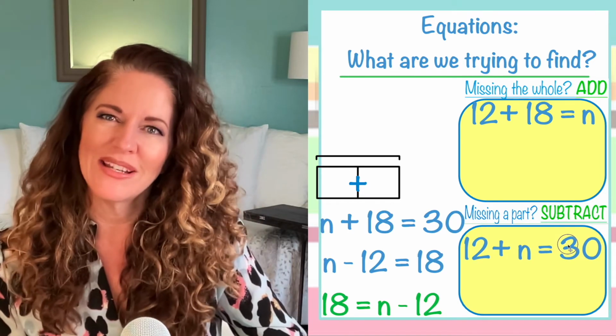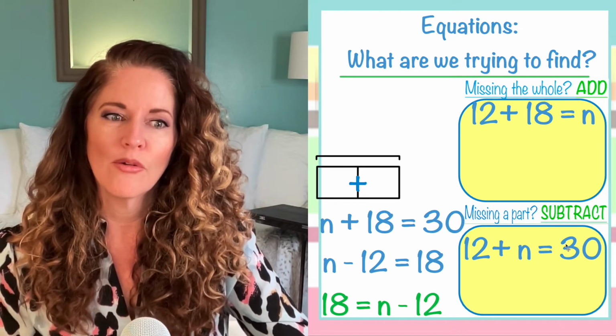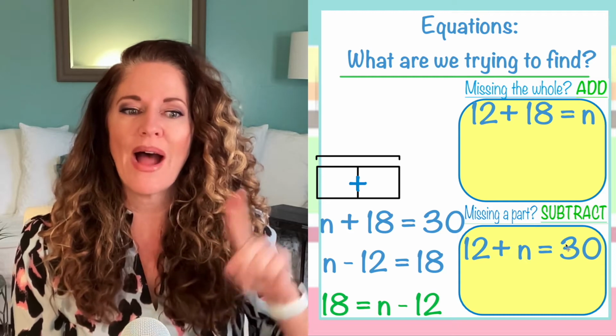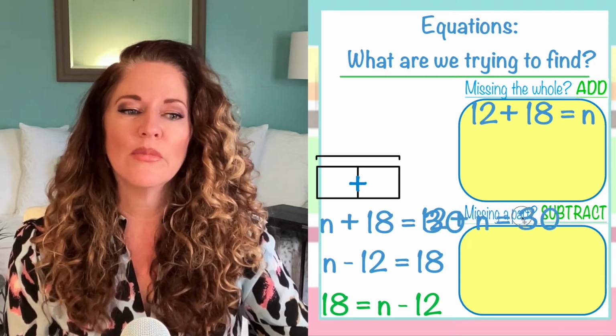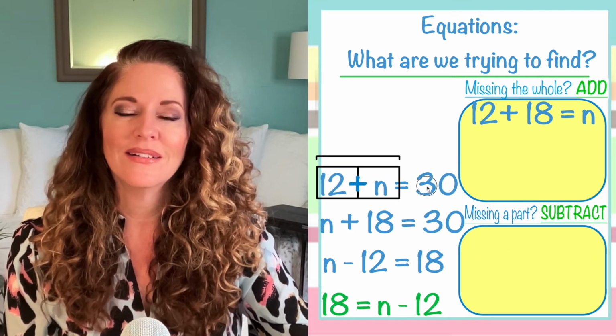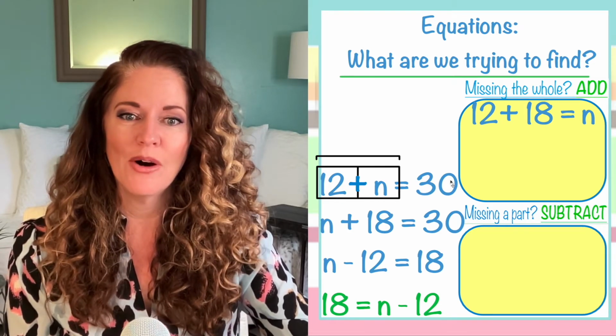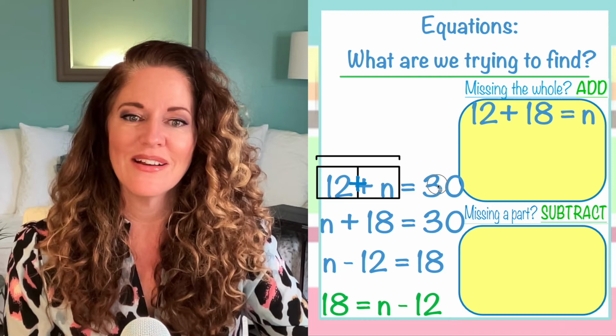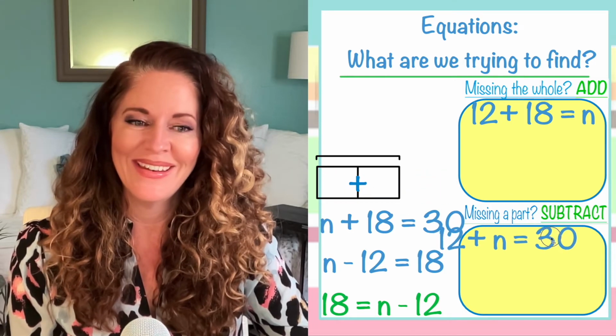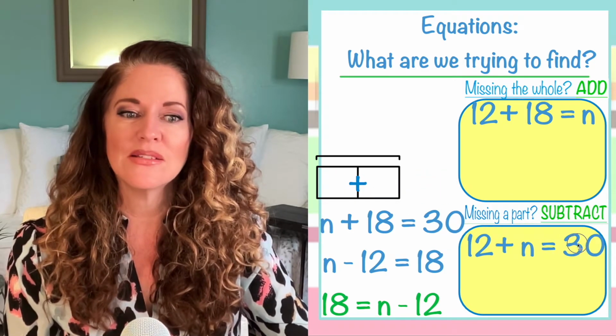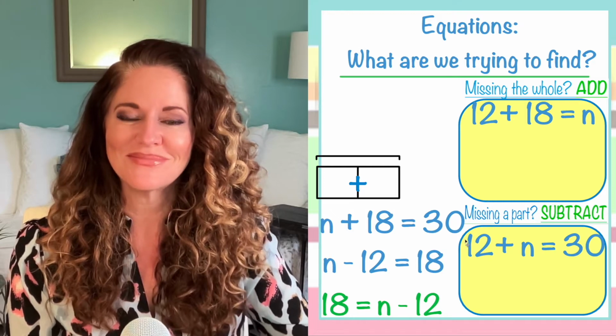How would I subtract in this problem? Remember, we always subtract from our whole. Which one of these numbers is our whole? 30 is our whole, right? Because we know 12 is our other part. I can see it right there because I'm putting it together with n. So I would need to do 30 minus 12 to solve that problem.